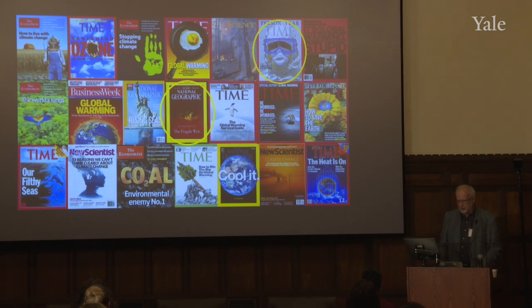The 2 that I wanted to start off with deal with Ebola, the one in the upper right circle, and challenges to Earth's biodiversity, illustrated by the National Geographic cover in the center.